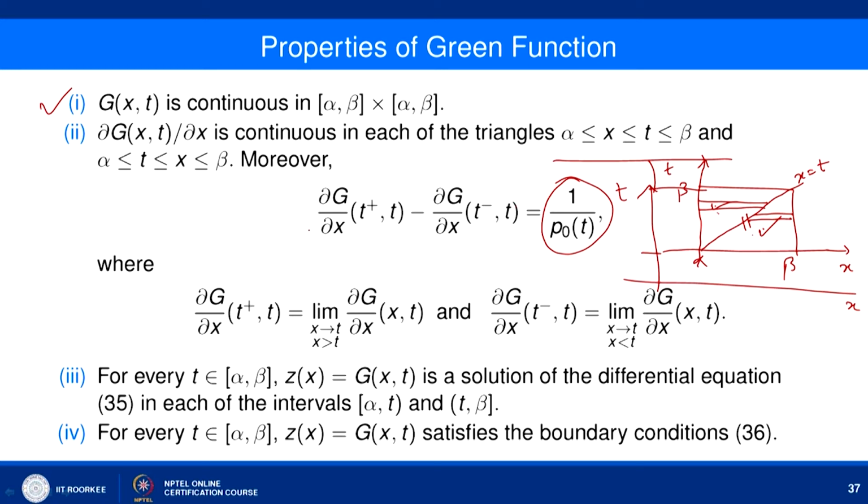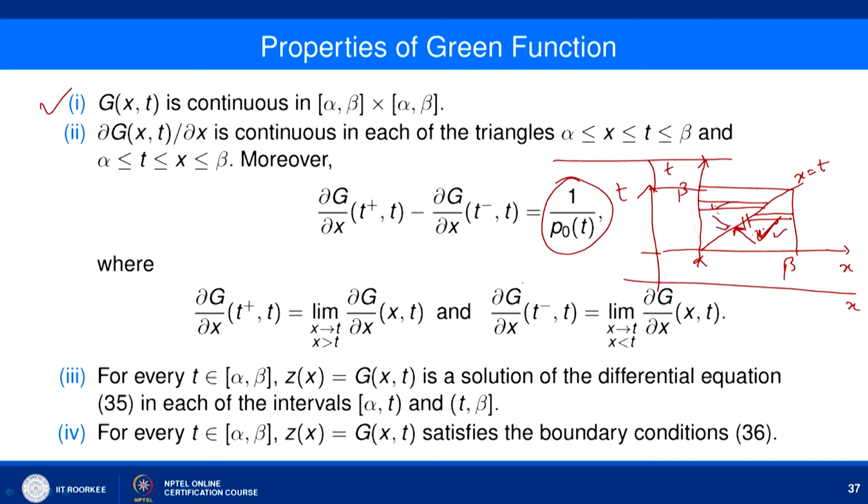Here partial G by partial x at (t plus, t) is defined as the limit of x tending to t, where x is coming from the positive side of t, that is x is coming from this region. So, here your x is bigger than t. So, it is the derivative of G when x is reaching this diagonal, and partial G by partial x at (t minus, t) is when you are reaching the diagonal from this region.